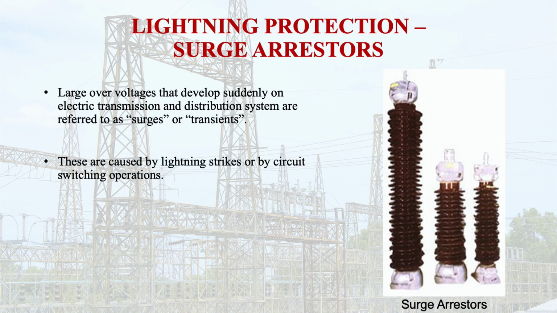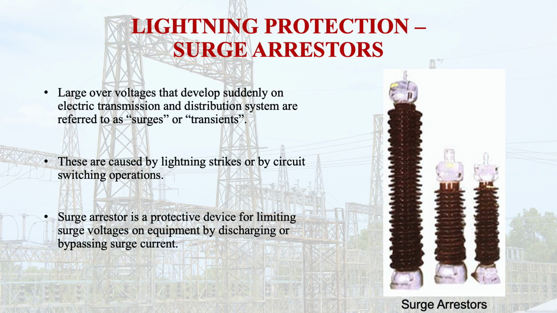These are caused by lightning strikes or circuit switching operations. Sudden switching operations or lightning strikes may produce surges or transients which may harm the complete system or equipment. So our equipment needs to be protected from these sudden strikes, surges or transients.